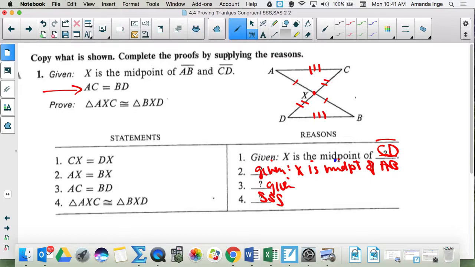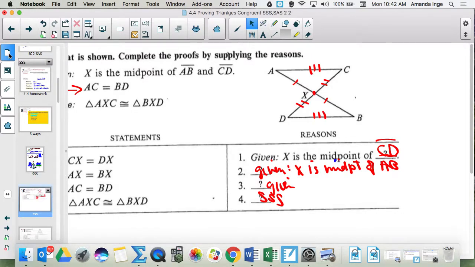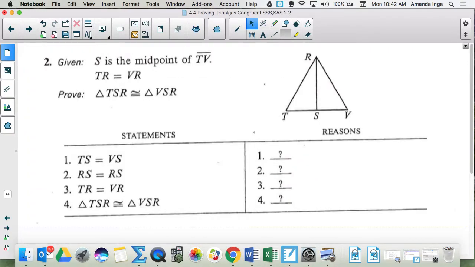All right? Everybody good? Any question about that? It's pretty easy, right? All right, I'm going to give y'all a minute to fill this one out.